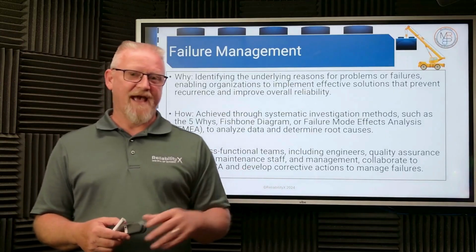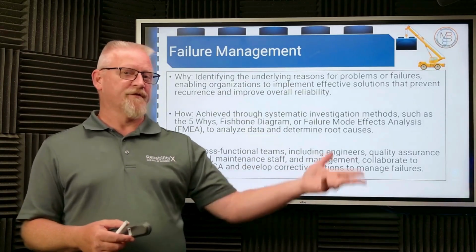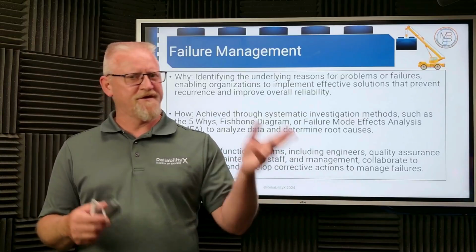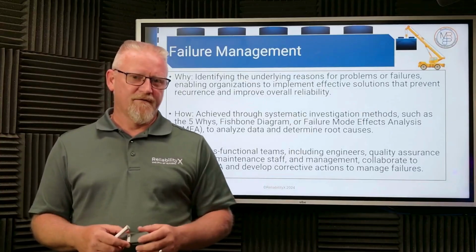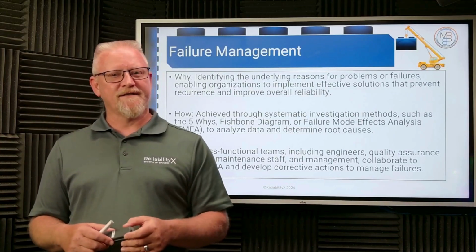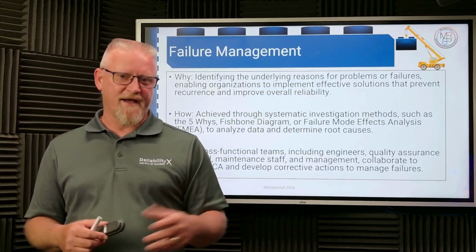In addition to that, we may send parts out for third-party analysis to a metallurgist or to our bearing vendors to help us perform a more detailed analysis and get down to precise technical aspects.